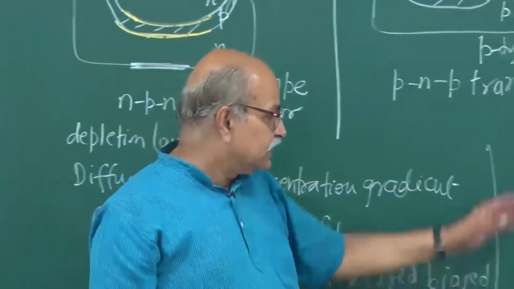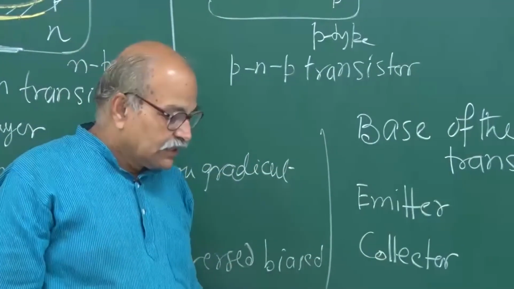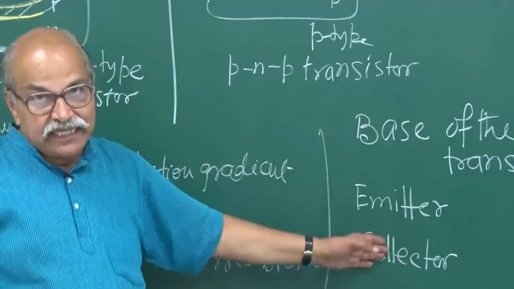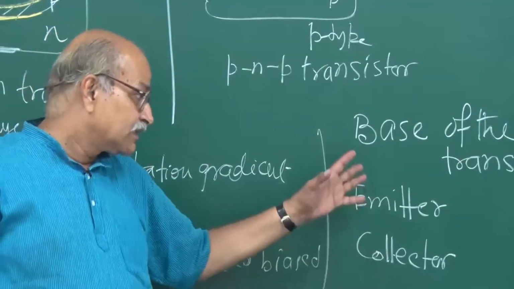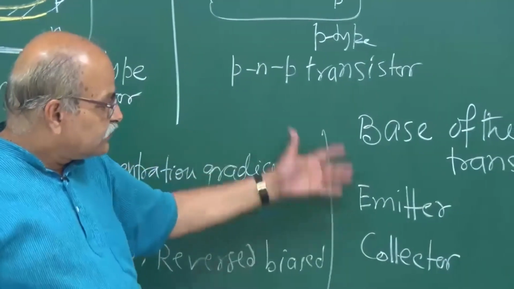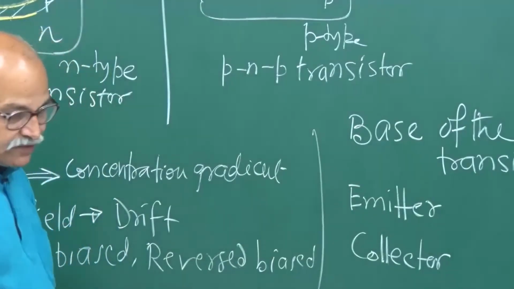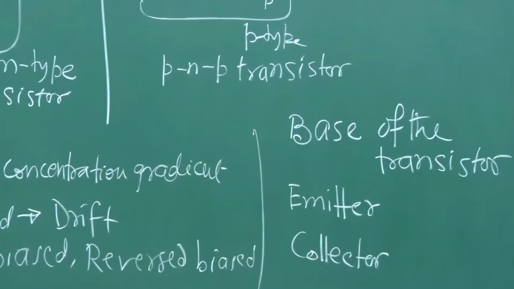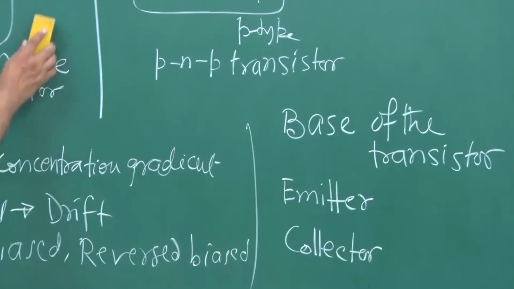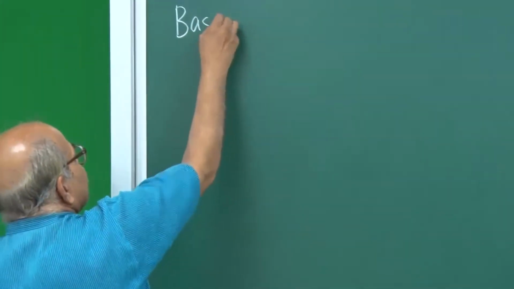What is the difference between these three? The base is sandwiched, while the other two are on the two sides, and of the same kind, N type, but there is still a difference. Each will have different characteristics, and let me name them.